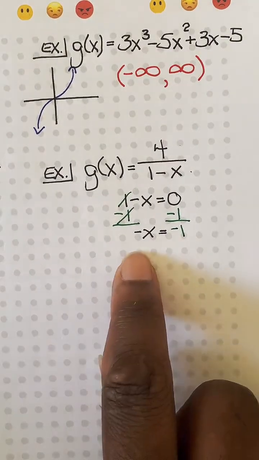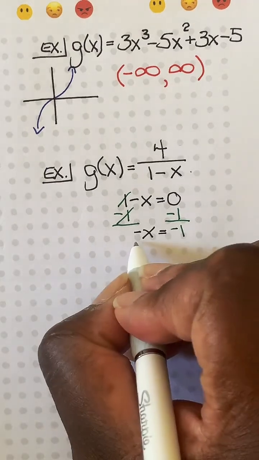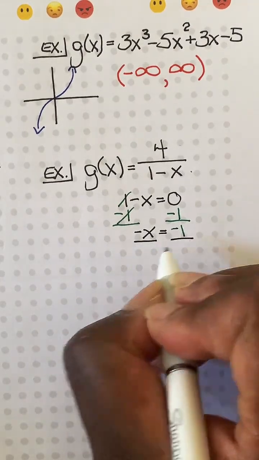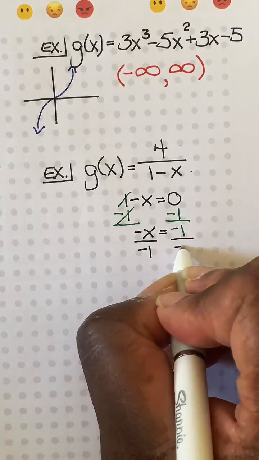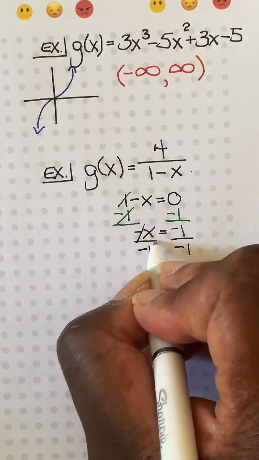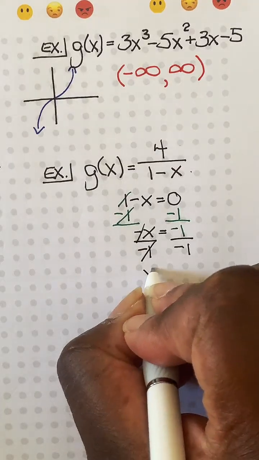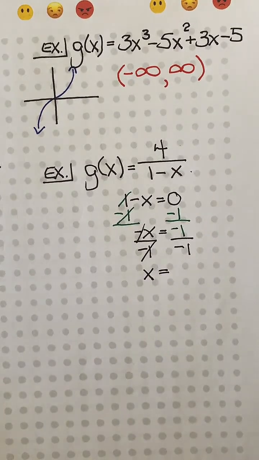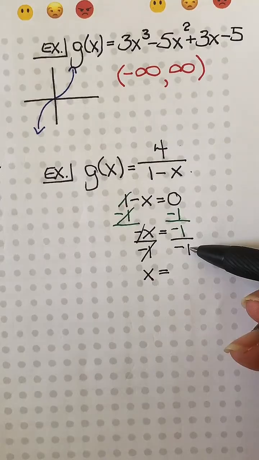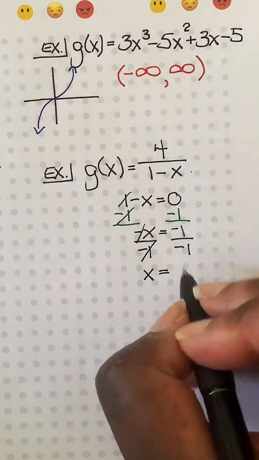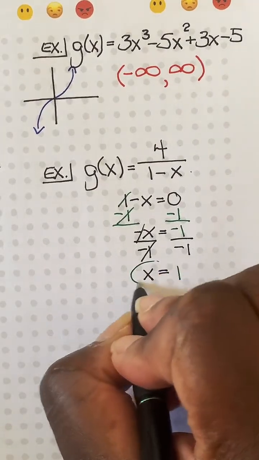But I don't want to know what negative x is. I want to know what x is. So I'm dividing both sides by negative 1. That's how I got x equals, and a negative divided by a negative is a positive, 1 divided by 1 is 1.